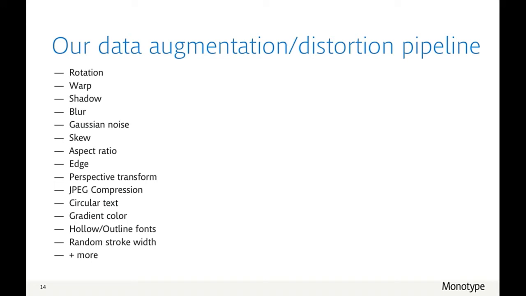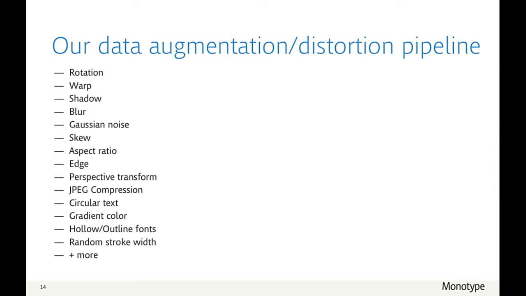But we don't just show normal clean text. We also show rotated text, warped text, text with shadows, with blur, with Gaussian noise, all kinds of interesting distortions. Circular text, gradient colors, just outlines of the font. We embolden the shapes.